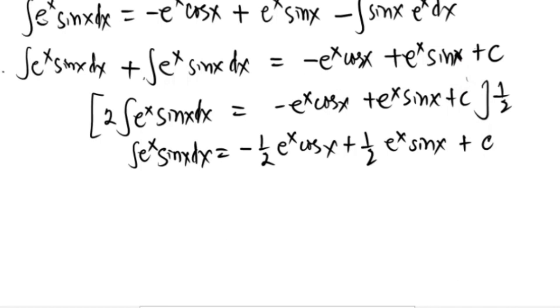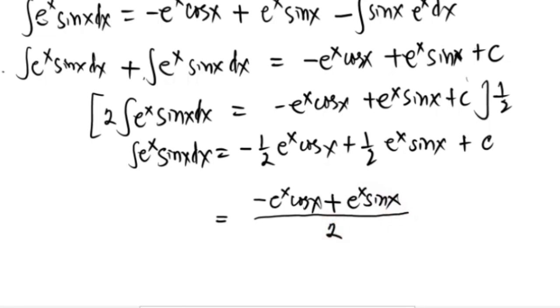So this is already an answer, but if we want to simplify it, we can express this as negative e to the x cosine x plus e to the x sine x over 2 plus c. And this is our answer.